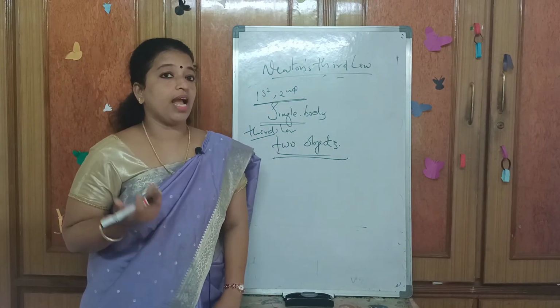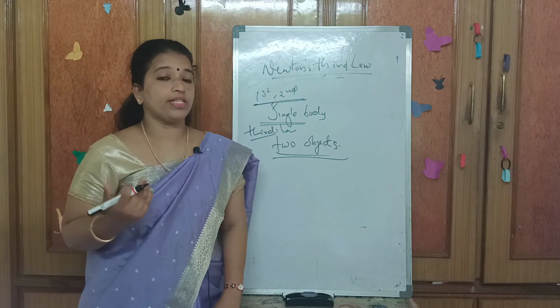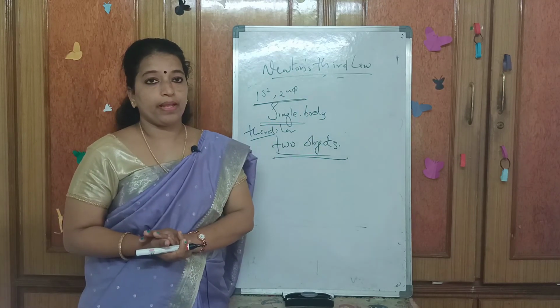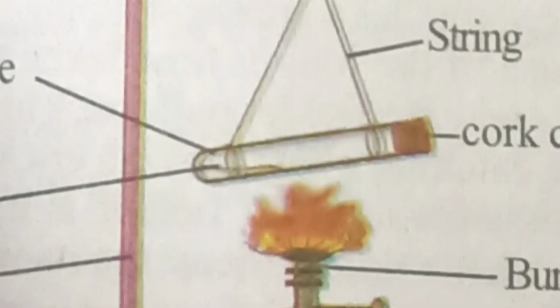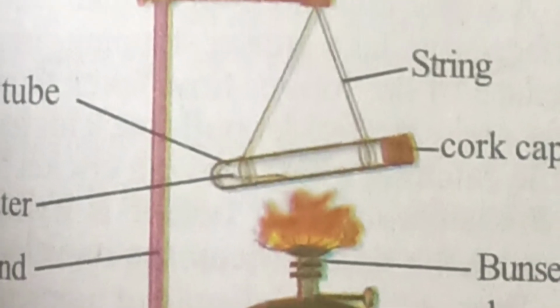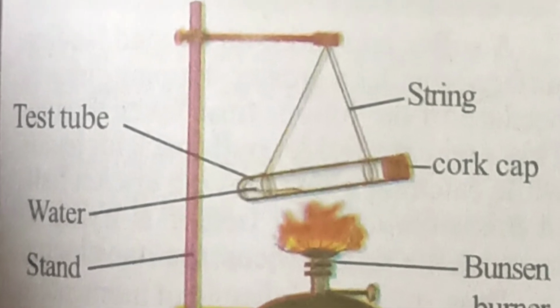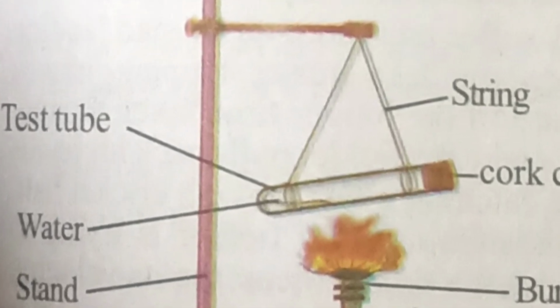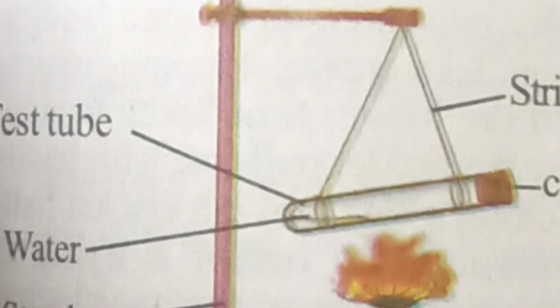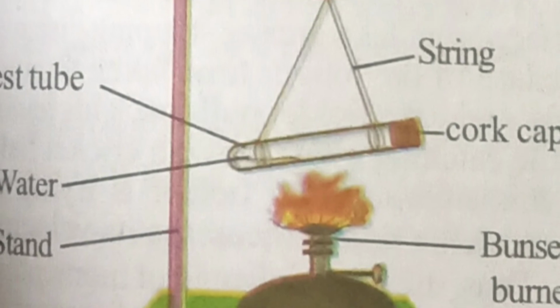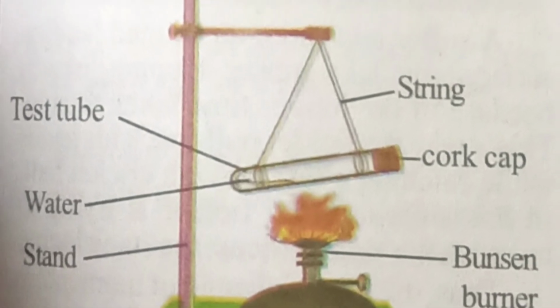So let us see the activity of how to explain or prove Newton's third law of motion in the lab. To do this activity, we need one test tube, a rubber cork cap, a Bunsen burner, a table stand and a thread. Take a test tube, put some water in it, close the test tube with the help of a rubber cork cap and suspend the test tube horizontally with the help of a thread.